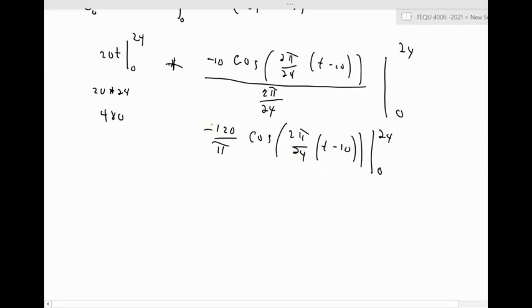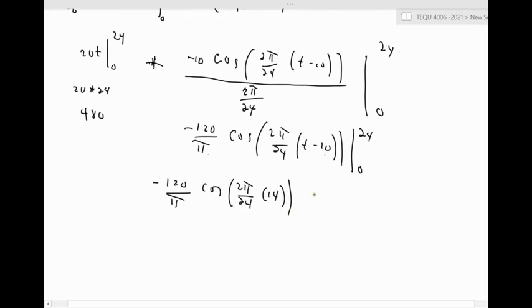There's a negative here, so let's work that out. That will be minus 120 over pi times the cosine of 2 pi over 24 times t, which is 24, so 24 minus 10, that would be 14. Close that one up. All right, and that would be minus, but I have a minus here, so minus, well, whatever, you understand what I'm saying.